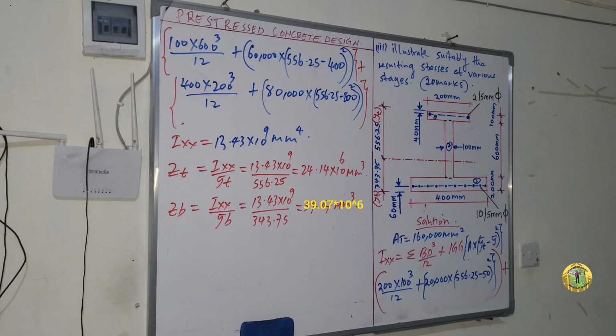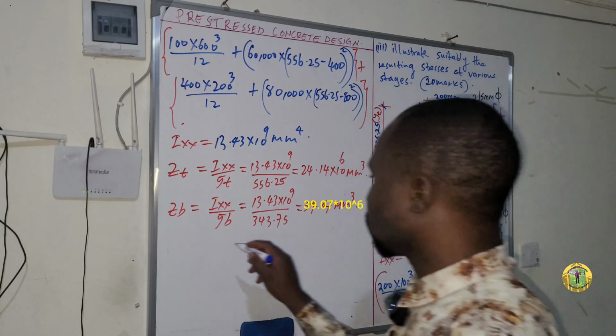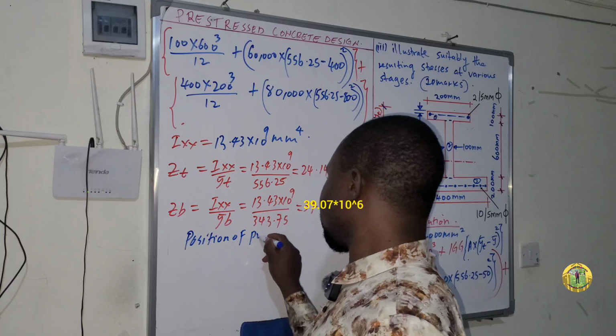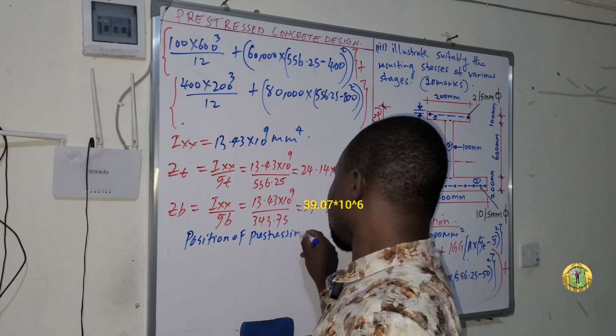So it therefore needs to be calculated so that you can use the eccentricity to calculate the moment, the Pe over Z. So we will calculate this position of the prestressing force.